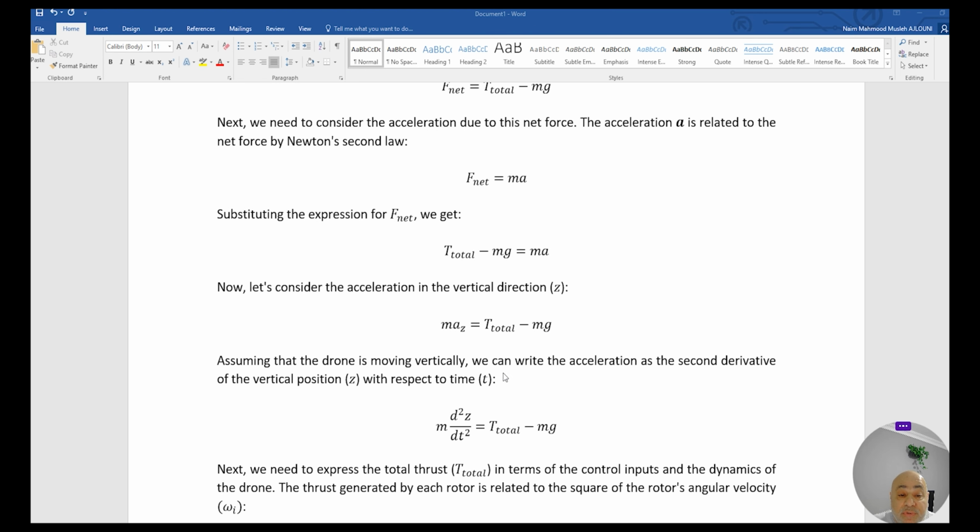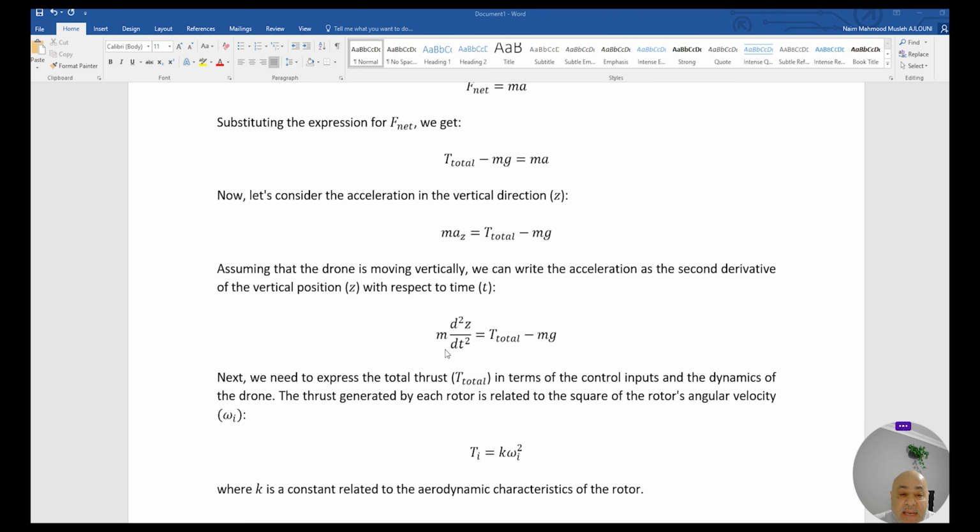Assuming that the drone is moving vertically, we can rewrite the acceleration as the second derivative of the vertical position z, which is the one we are looking at, with respect to time. This means that m multiplied by the second derivative of z with respect to time equals total thrust minus the force due to gravity, which is mg.